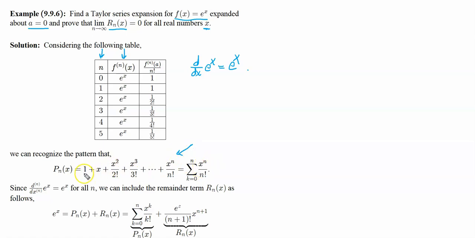And so right here is our nth degree Taylor polynomial for the exponential function e to the x. Notice we have 1, that's this one right here, plus 1 times x minus 0 to the first power. Remember, a is 0.